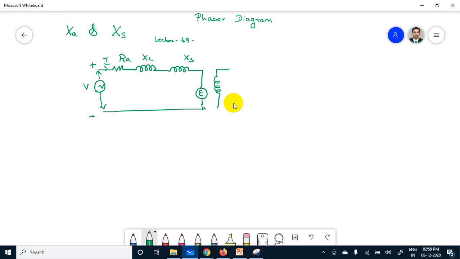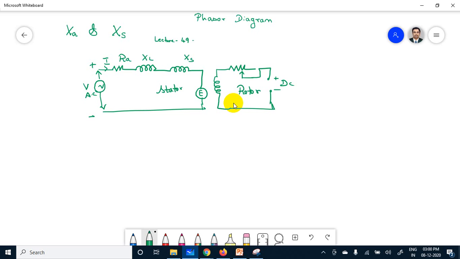Since it is a field winding, the rheostat will be there. This is a variable rheostat to adjust the DC excitation, plus minus DC. This is AC. So this is the stator side. This side will be the rotor side. This is the equivalent circuit.